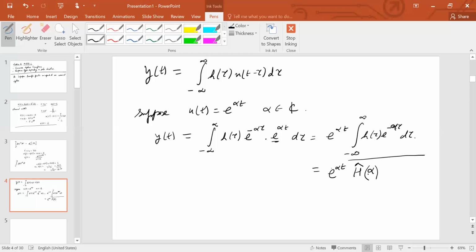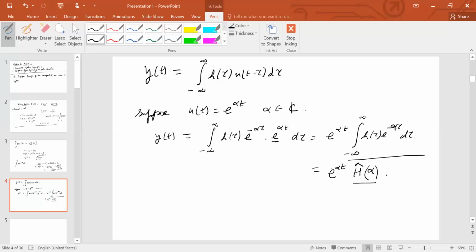So the point is that if you are applying an exponential input where the number alpha is a complex number, then your response to that exponential input is going to be just that exponential input multiplied by this complex variable. You agree that this is a complex variable, right? Because this is a function, typically a rational function, of a complex number.